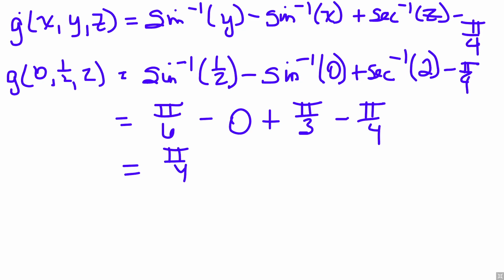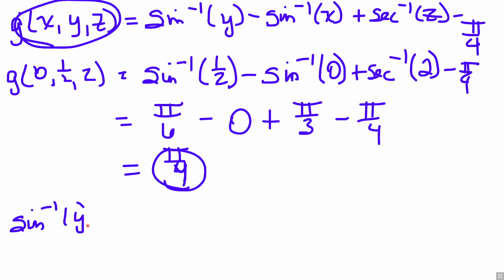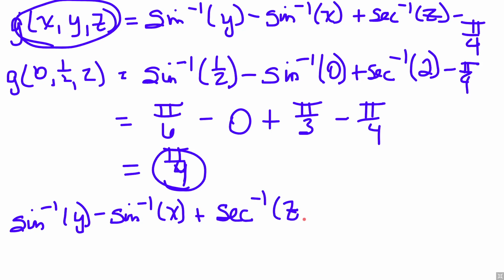Good. Okay. All right. So basically what we're going to do, we're going to put this in place of g of x, y, z. So we're going to have that sine inverse of y minus the sine inverse of x plus secant inverse of z minus pi over 4 is equal to pi over 4.